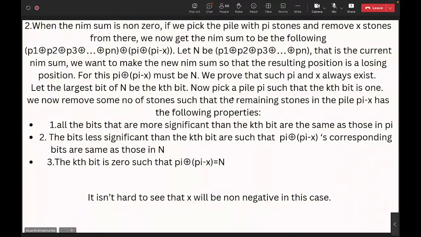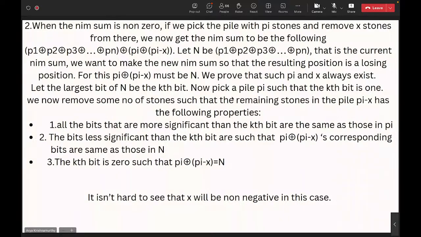Now the bits that are less significant than the kth bit are such that the corresponding bits of pi XOR pi minus x are the same as those in n, because we want pi XOR pi minus x to be equal to n.